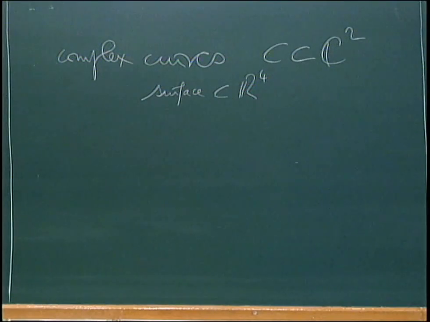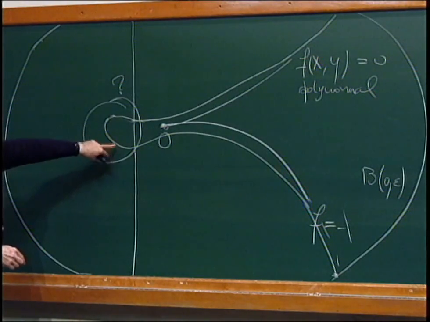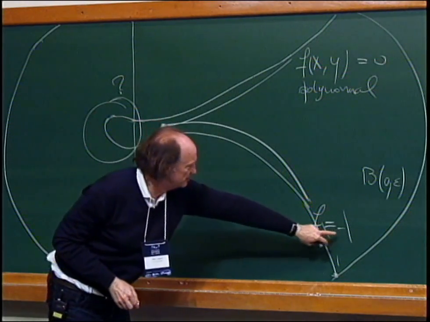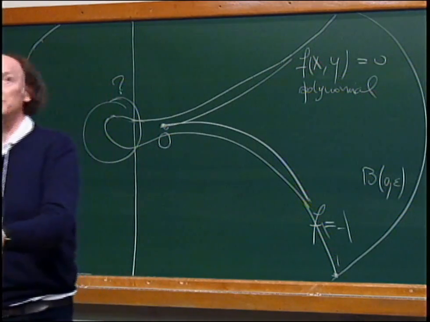So here is exactly the projection on some R3 of this object, the intersection of f equals lambda with a small ball. And I will show a few more.